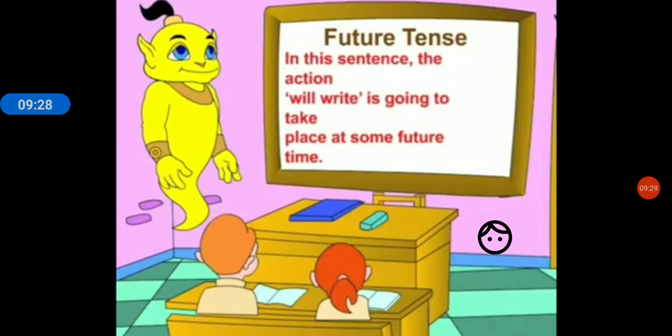In this sentence, the action will write is going to take place at some future time. That's why we have written will. Will and shall we use for future predictions or making promises.